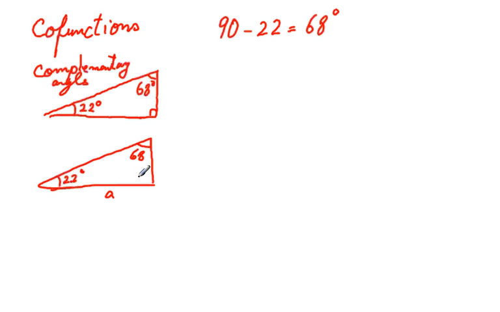For the moment, let's call these sides A, B, C, whatever they are. Suppose I ask you what is sine of 22. Well, ratio of opposite to the hypotenuse, whatever it is. Suppose I ask you what is cosine of 68.